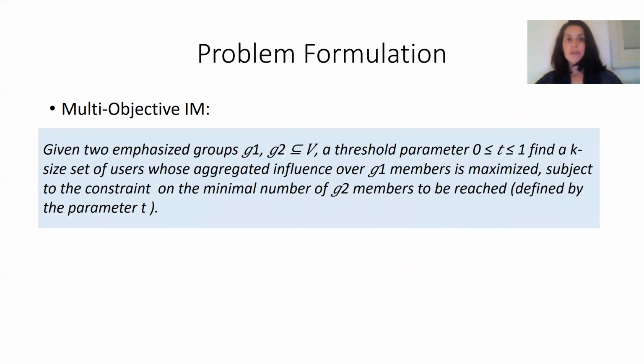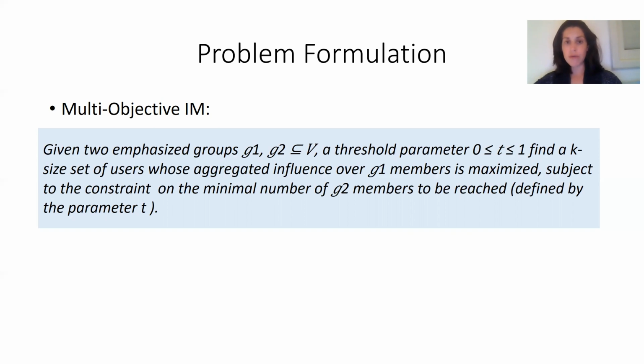The multi-objective influence maximization problem is defined as follows. We start by defining this problem intuitively for only two emphasized groups. However, all of our results and definitions hold for the more general case when we have an unbounded number of groups.